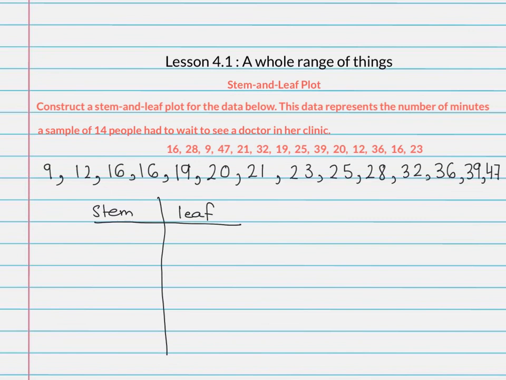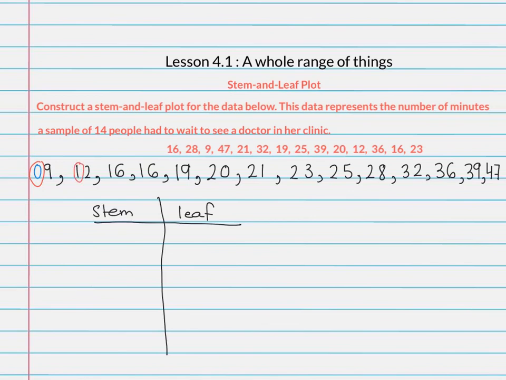If you look over here, we will start with 9. 9 is only one digit. So where's the stem and where's the leaf? Actually, 9 is written as 09. So our stem is 0. Keep that in mind. Any number that is one digit has a 0 before it. So this is 09, the stem is 0.